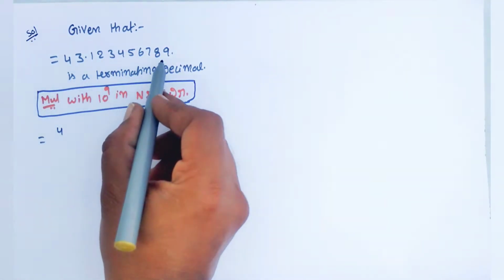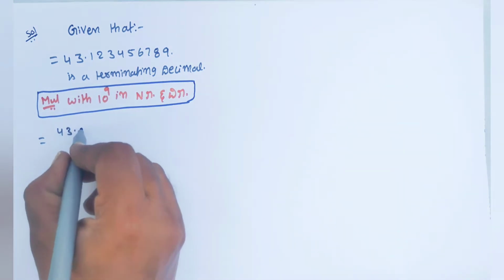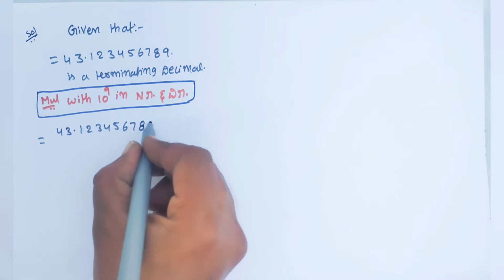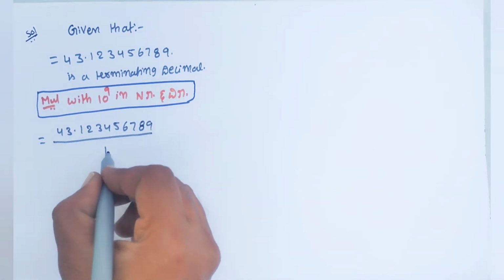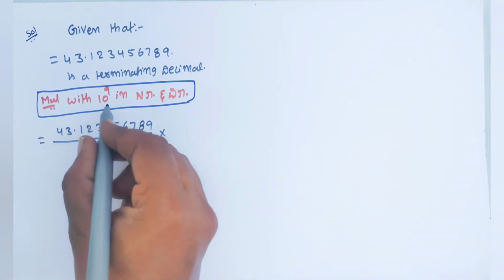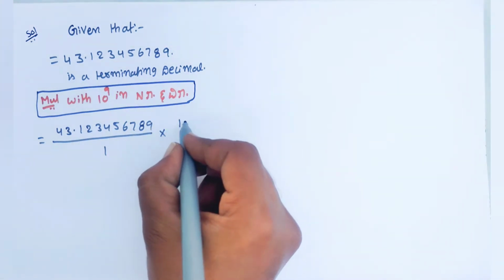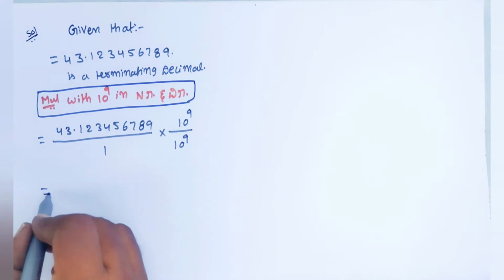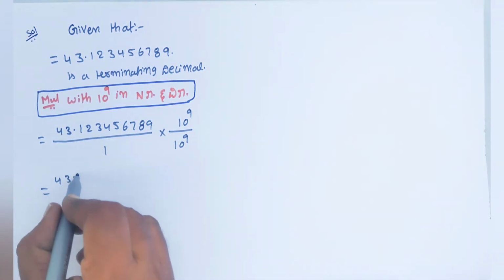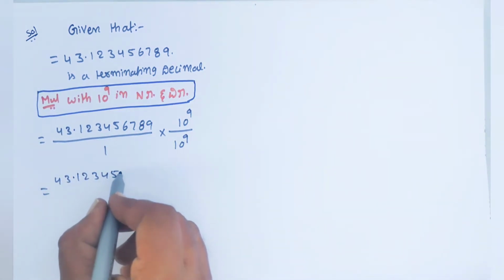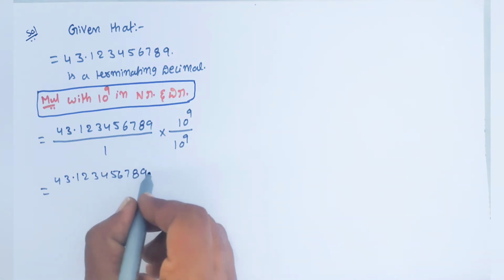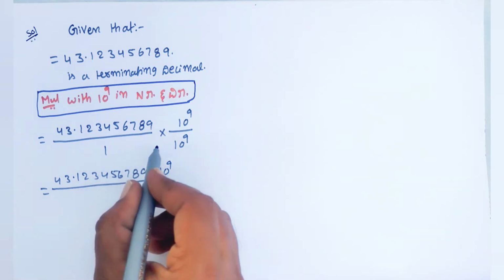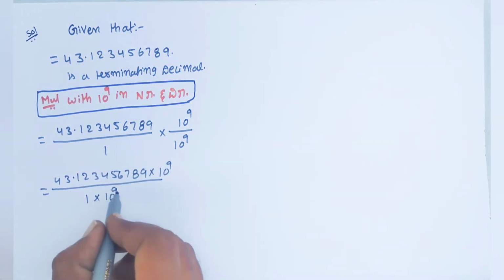That equals 43.12345678 divided by 1, into 10 power 9 by 10 power 9. So numerator into numerator, 43.12345678 into 10 power 9, whole divided by denominator into denominator, 1 into 10 power 9.